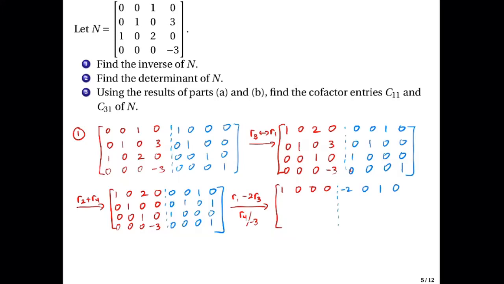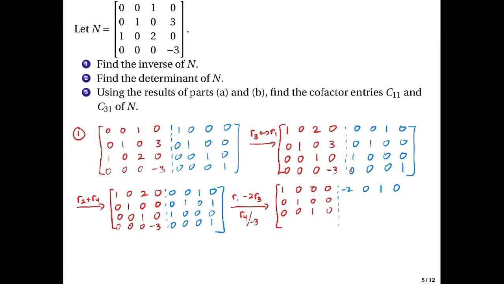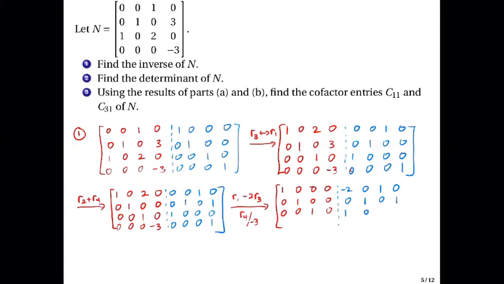For the second row and the third row, we'll just copy: 0, 1, 0, 0 here, 0, 0, 1, 0 here. On the other side, we have 0, 1, 0, 1 and then 1, 0, 0, 0.